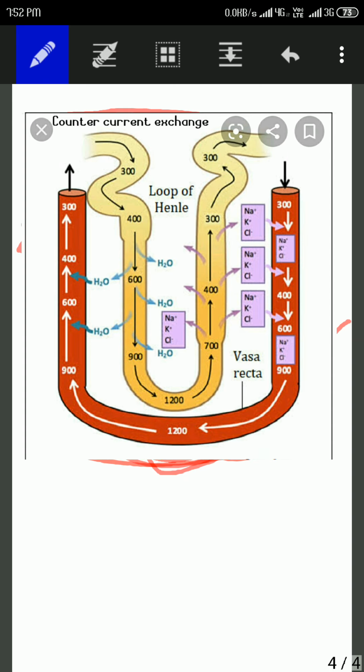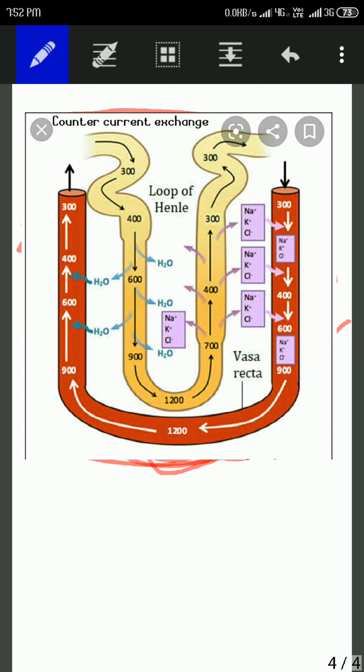In the descending part of the vasa recta, solute is coming in and water flows out. So the concentration of blood here increases from 300 to 1200. As it ascends, the opposite happens and the concentration comes back from 1200 to 300.